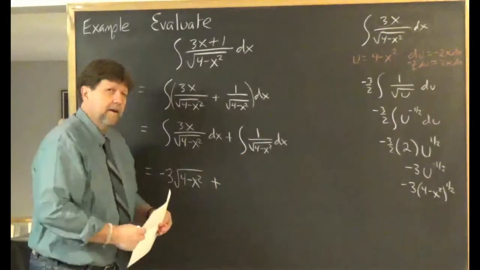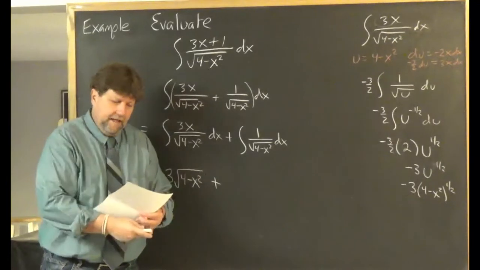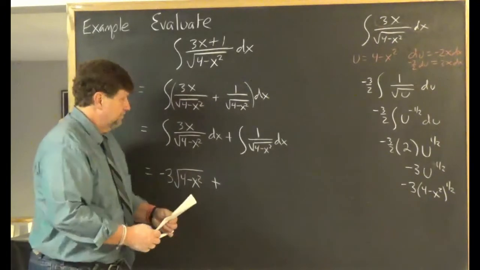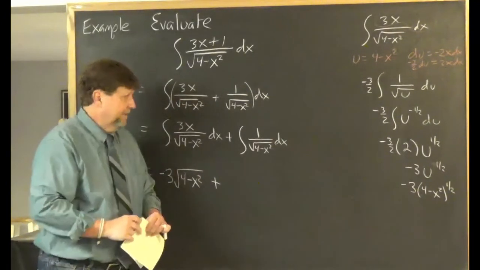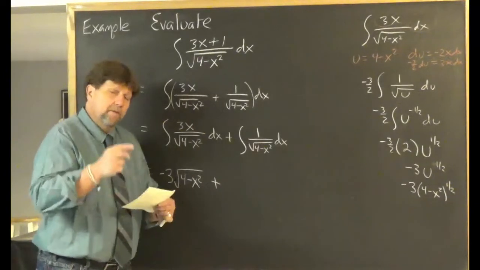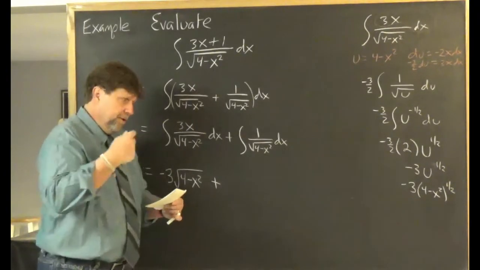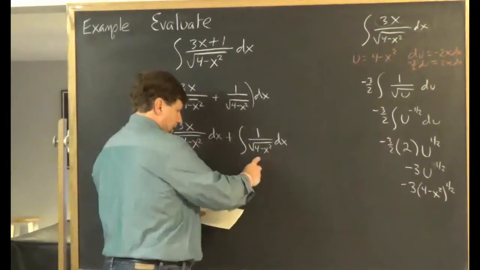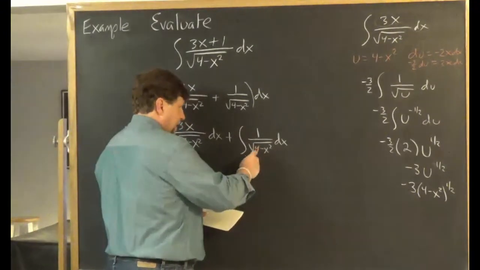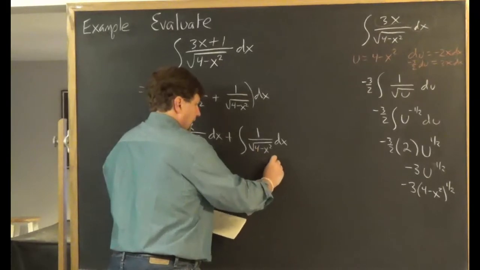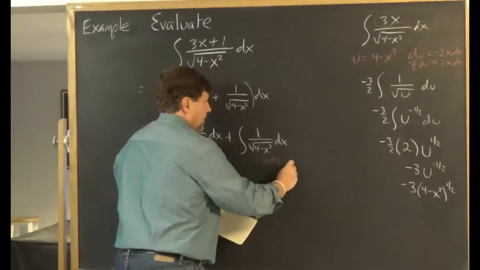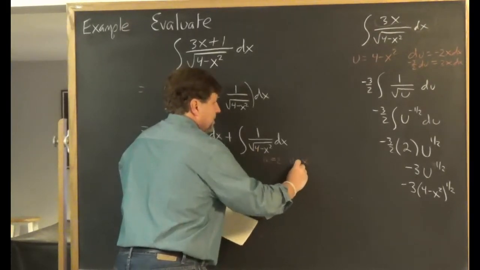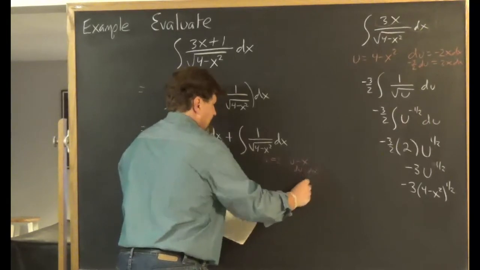This other one here, I just said it looks like an inverse sine. I mean, it is an inverse sine. That's something we've already reviewed, your formula for knowing when you get an inverse sine. When I look at this, it looks to me like a is 2, u is x, which means du is dx.